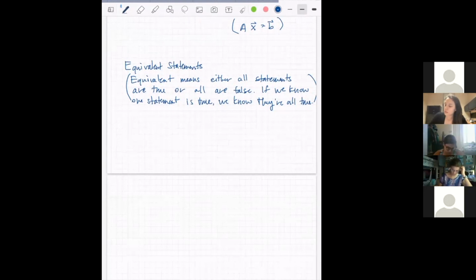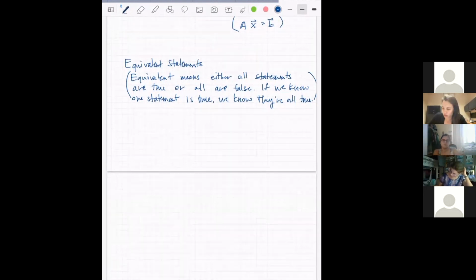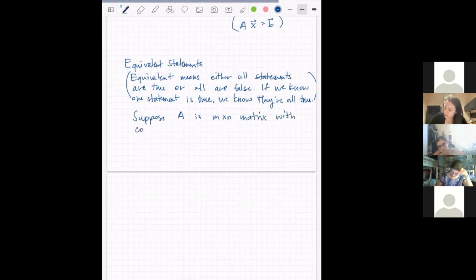Okay, so given a matrix, suppose we have a matrix A, which is an m by n matrix, and we know that its columns, we'll just label them, we have columns A1 up to AN, and we also have a vector B, which will be in Rn.